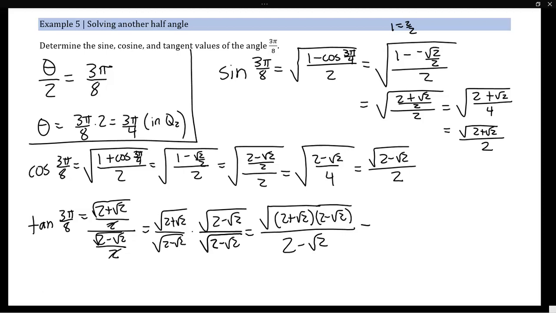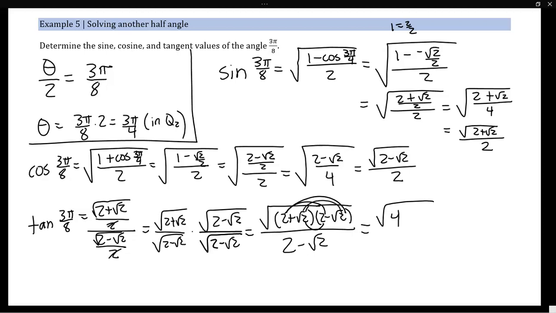Cool. And then that would simplify to be the square root of 4 minus, so 4, then 2 times negative square root 2 and 2 times positive square root 2 cancel.